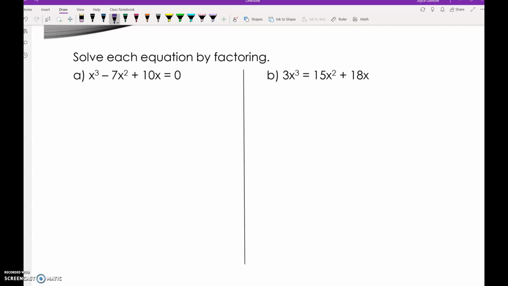Most of you like to do less work, maybe. That's how I'll say it. So a lot of you will likely subtract 3x to the third on both sides. So 0 equals negative 3x to the third plus 15x squared plus 18x.